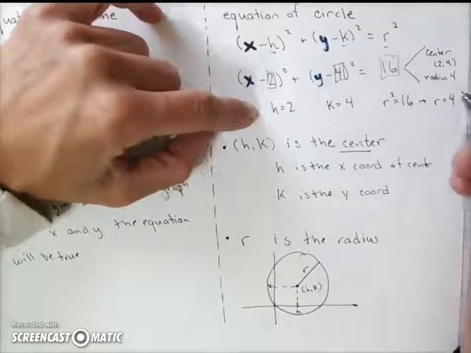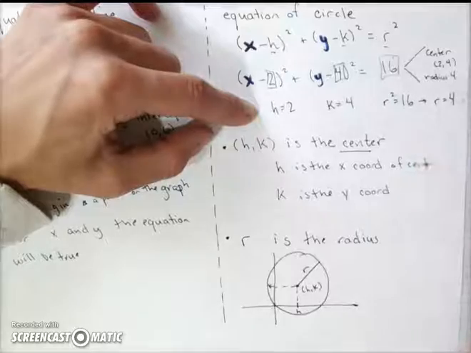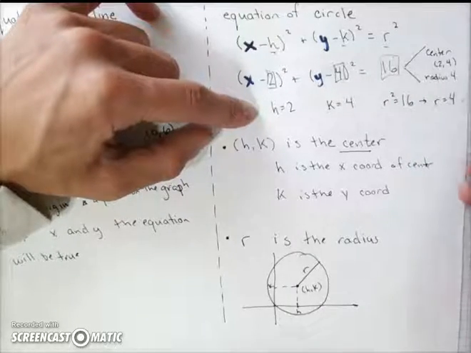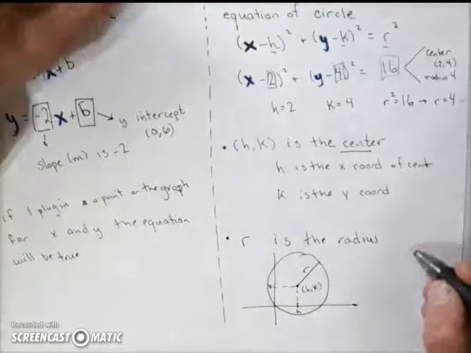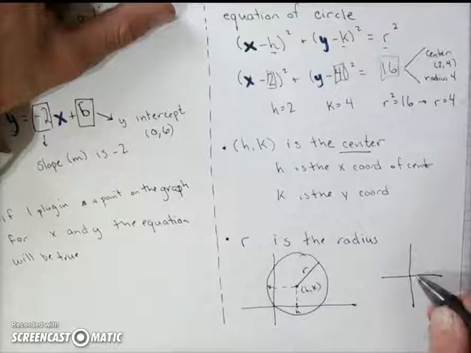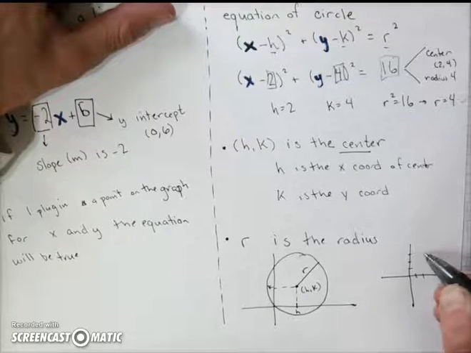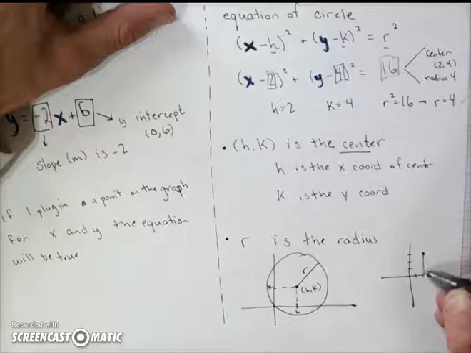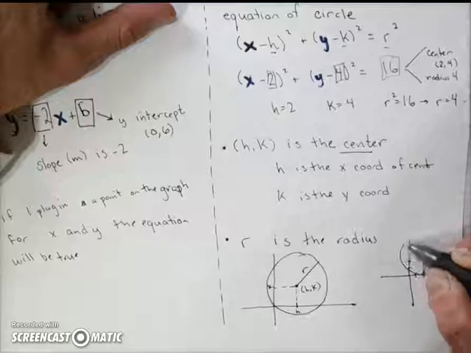That's why we take the positive, because the radius is a length. It can't have a negative length. So if I wanted to graph this one, I would plot the center (2, 4), and then if the radius has length 4, then here's another point on my circle. Now I just trace it around.